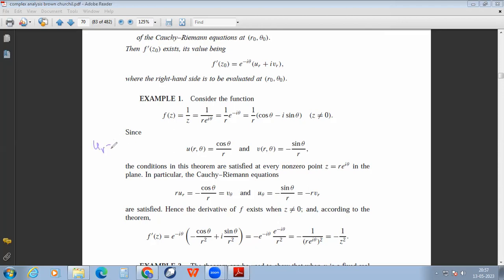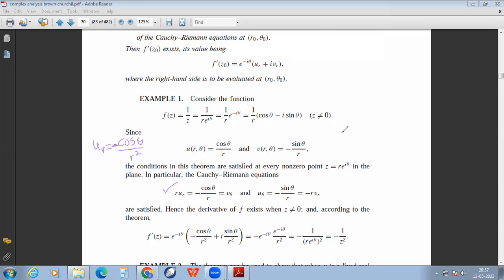What will be u_r? u_r will be cos theta upon the derivative of 1 by r. What is it? Minus 1 upon r square. Yes, it has to be minus 1 upon r square. So when you multiply this r with this u_r, it will be minus cos theta upon r. Got it?